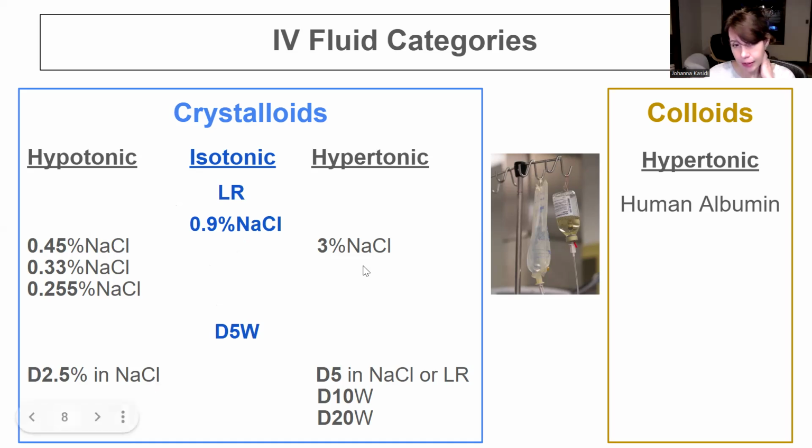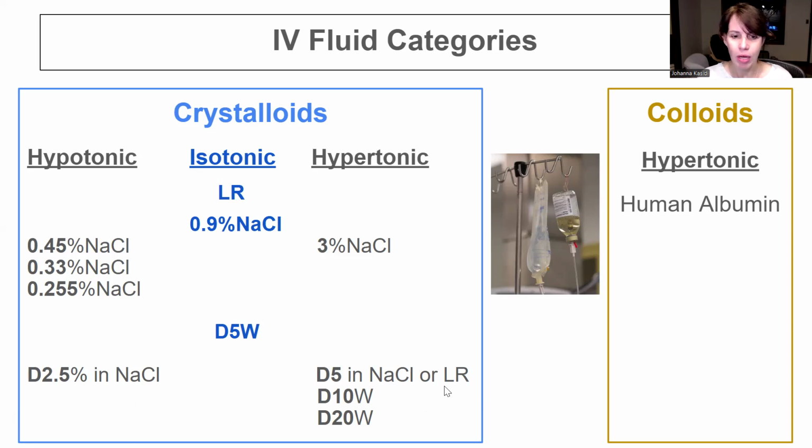Now, hypertonic, if I have the 3% sodium chloride, you can see there's more than 3 times the amount of solutes in that. That is hypertonic. That's a lot of solutes and a lot of tone. And with the D5, D5 in water just has the dextrose, that's the solutes. But when I add D5 in sodium chloride or D5 in lactated ringers, which has lactate, also chloride and sodium, those are more solute.